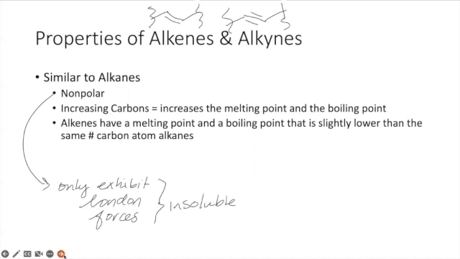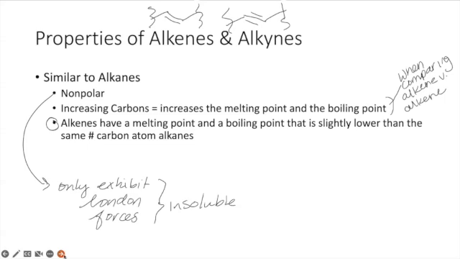The same is true when comparing an alkene with another alkene, or an alkyne with another alkyne, in terms of trying to determine boiling point: increasing carbons increases the melting or boiling point. But alkenes in general and alkynes have a lower boiling point and melting point than the same number of carbons in an alkane.